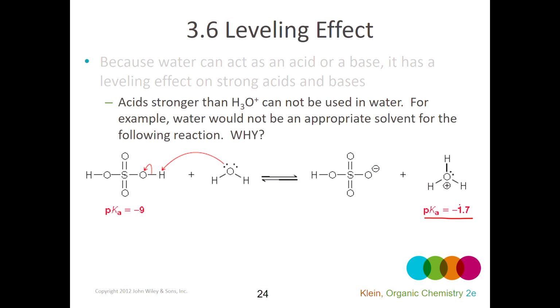The conjugate acid of water has a pKa much greater than sulfuric acid. So if I want to use sulfuric acid to put a proton on something, I need a solvent that isn't also going to instead pick that proton up. That's the key thing here.